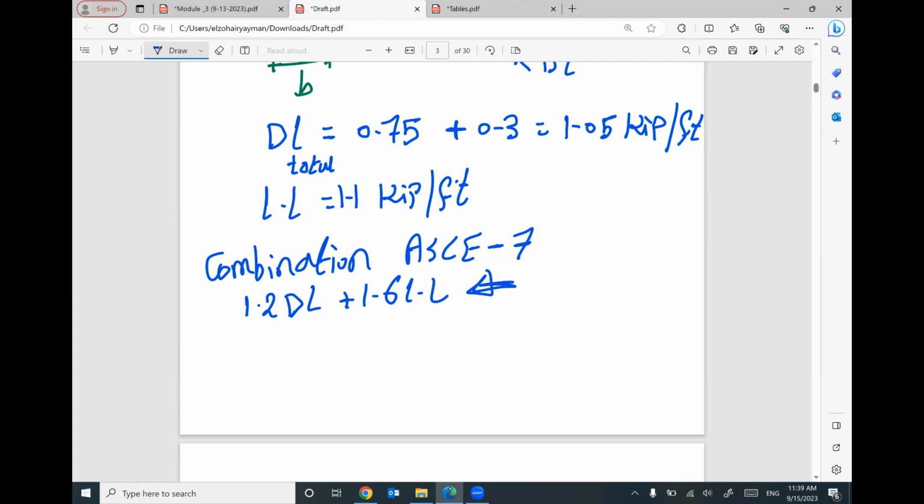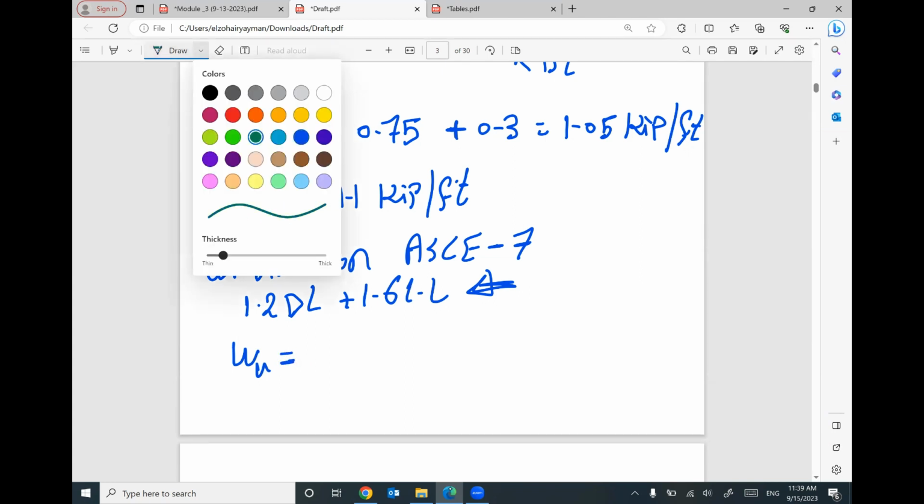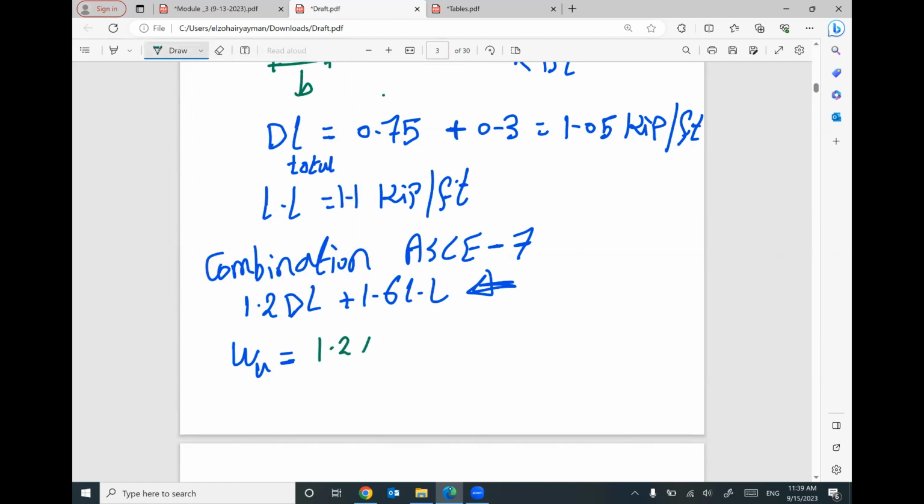So if you search in these combinations, you will see this equation. The W ultimate, the total ultimate uniform load, will be 1.2 times dead, 1.05, plus 1.6 times live, 1.1.